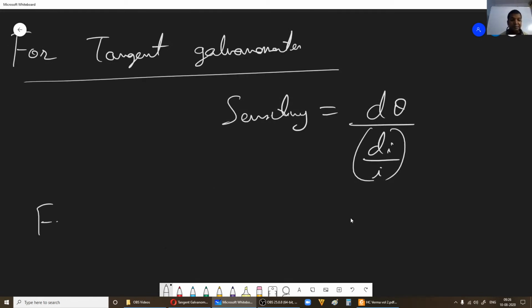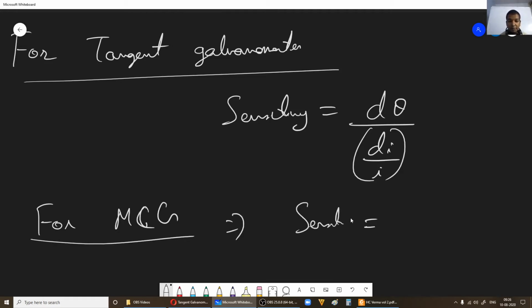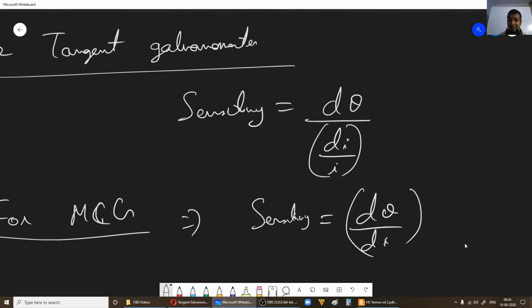For a moving coil galvanometer, sensitivity is d theta divided by dI. You can define d theta by dI for a tangent galvanometer also, but as I told you, you will end up getting maximum sensitivity at lesser angles. So practically speaking, it is of no use for us.